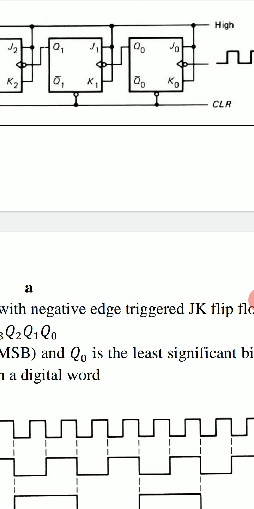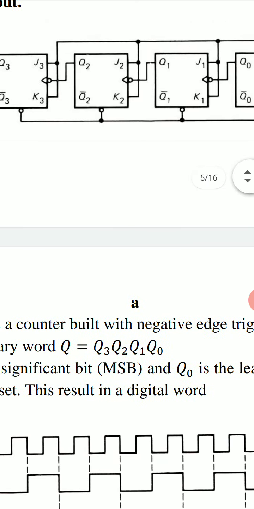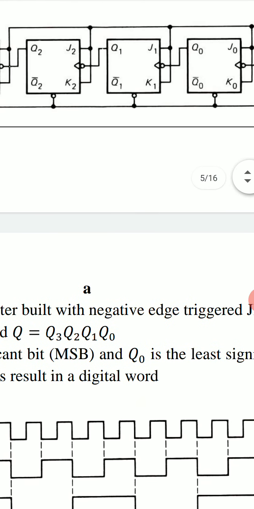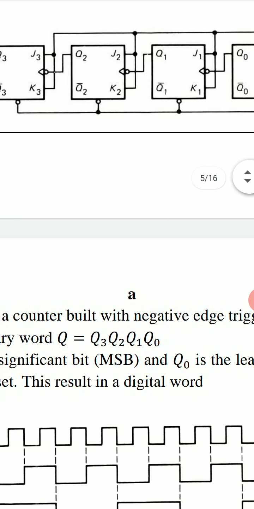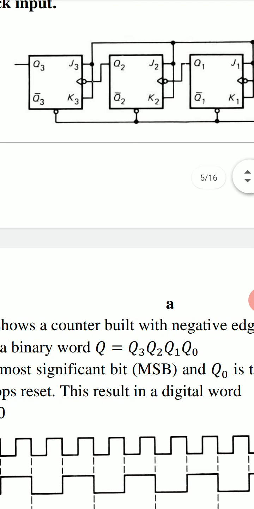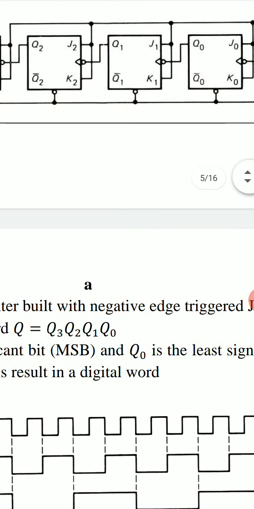This output Q0 will take some time to change its state, and if it is TP, propagation delay time, then if we use 4 JK flip-flops in this way, then total propagation delay time will become 4 times TP.